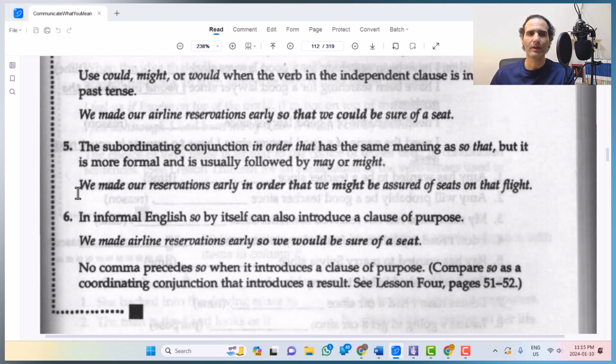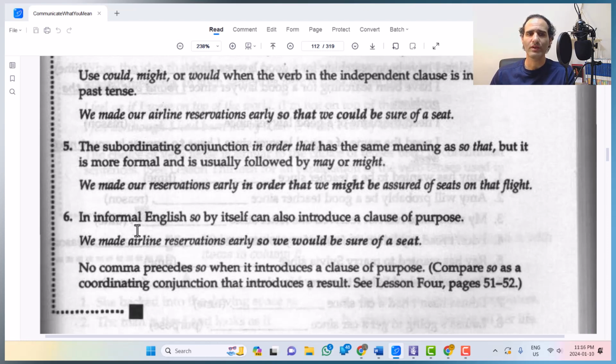And here we have, we made, again past tense, our airline reservations. We made our reservations early in order that we might be assured of seats on the flight. So this sentence feels a little more formal. Past tense, in order that we might be assured.